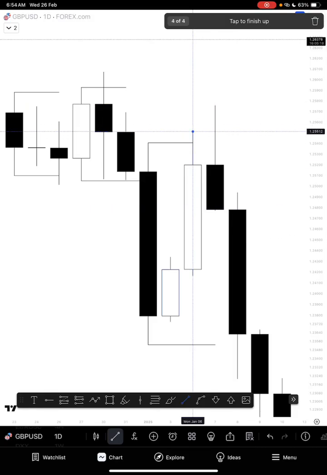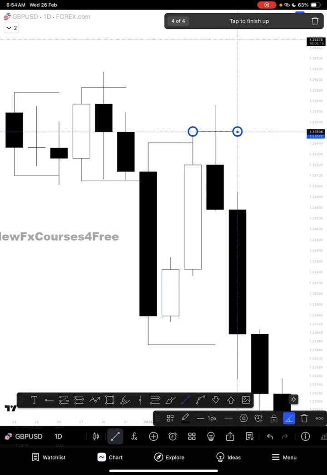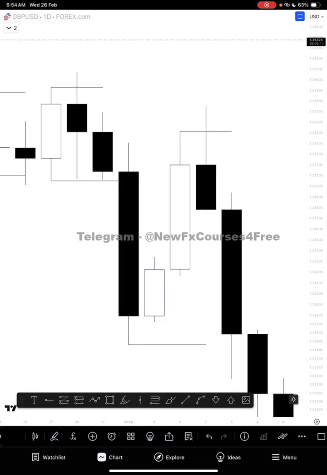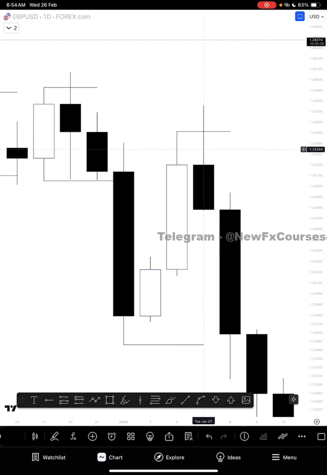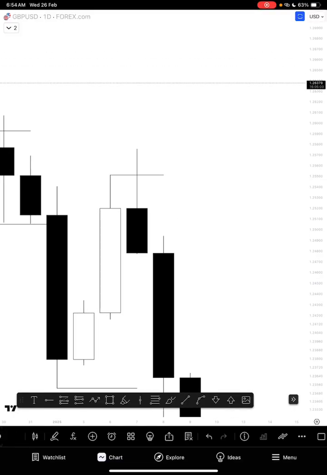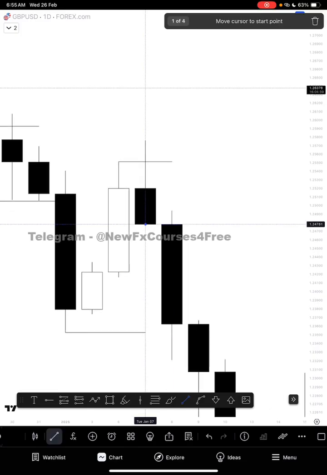We swept Monday's high with this move. Then we wicked above Monday's high, then closed back into the range. Wick above equals lower prices. What happened the next day?